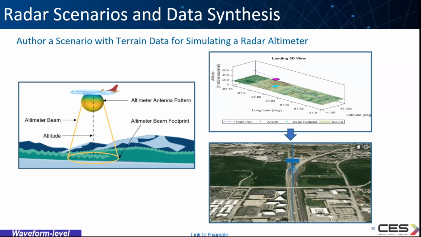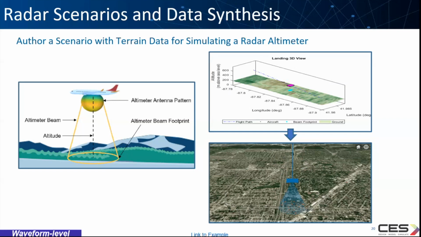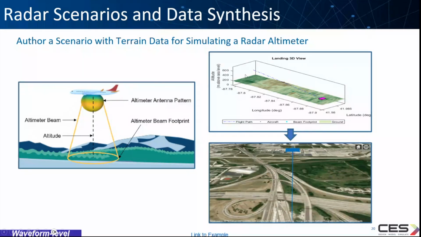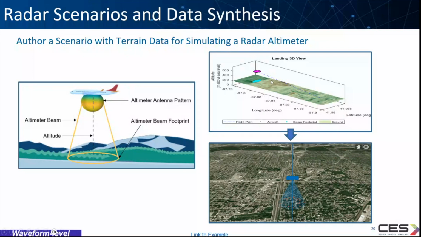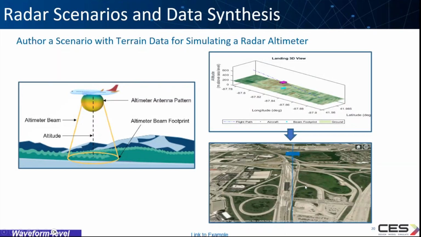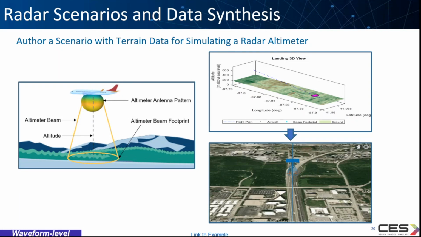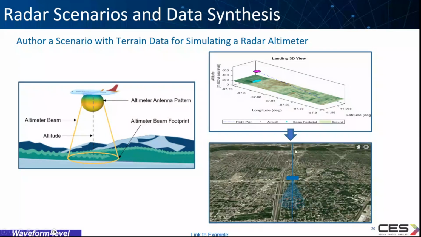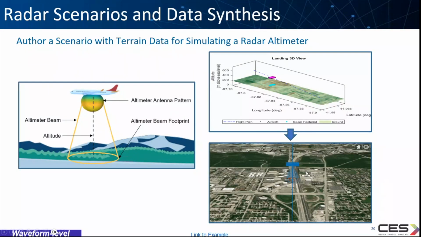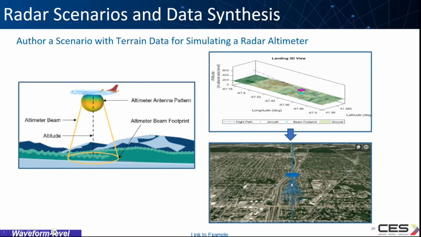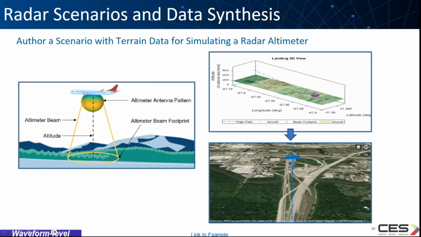Another way is to import real-world digital terrain data instead of this, let's say, 3D dummy scenario. So you can import the real-world digital terrain data and include it. So this is a radar mounted on an aircraft that is trying to land, and these dots shown here are the detections.